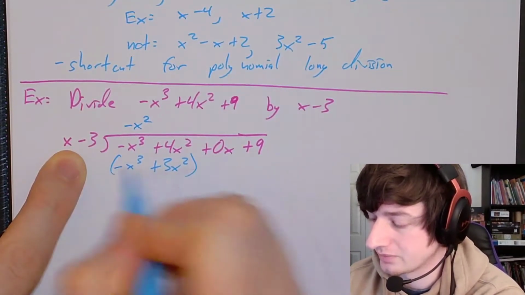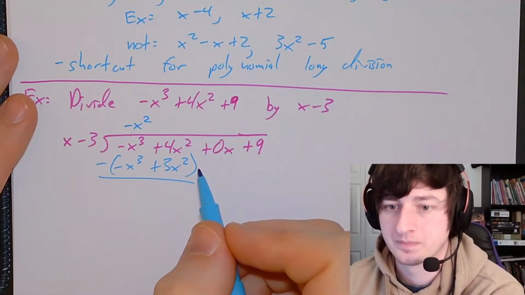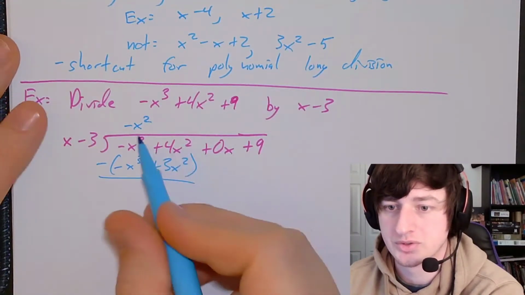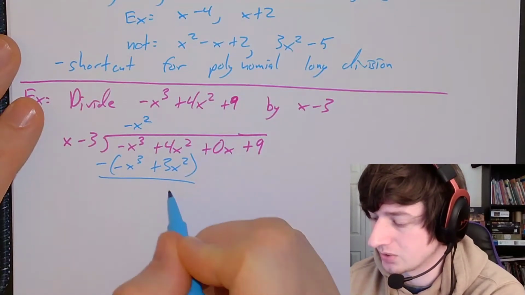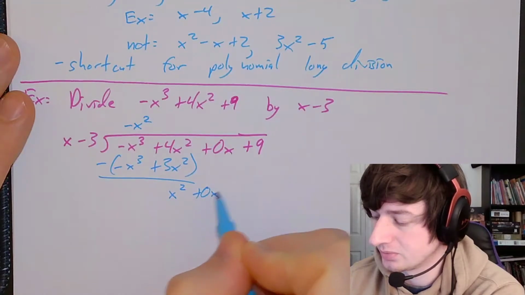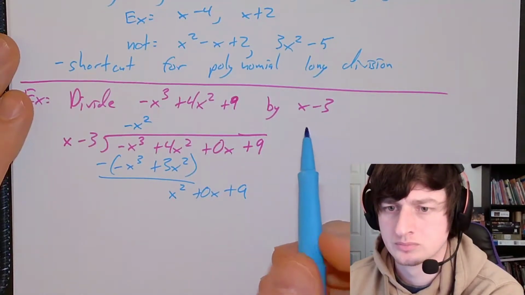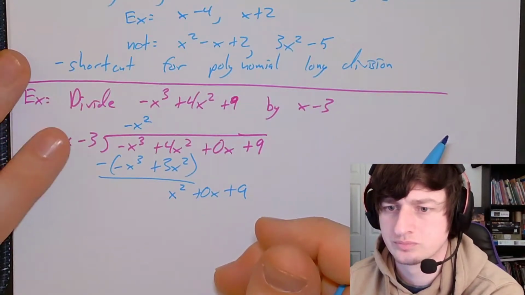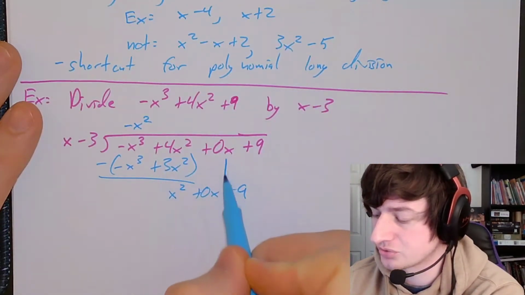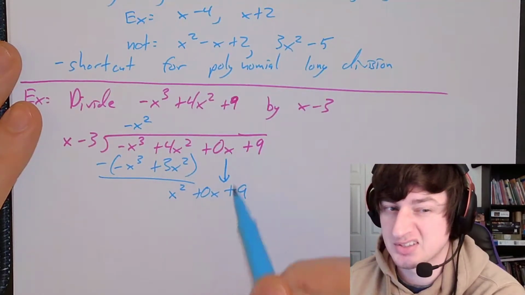And then we subtract, and we get 0, and then just an x squared plus 0x plus 9. We subtracted here, and then we brought these things down.